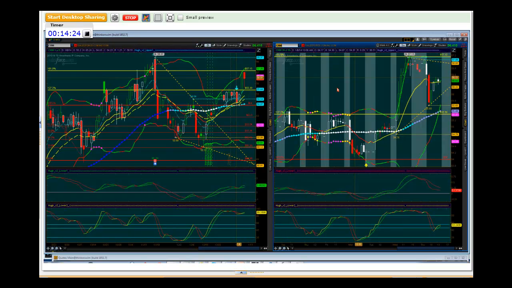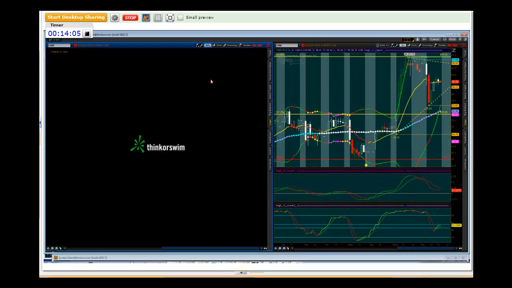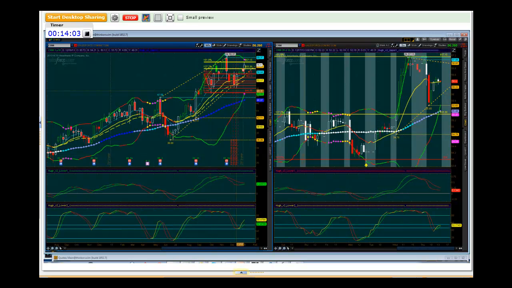So CRM, you can see it's in a weekly. It just started a weekly squeeze. Keep an eye on it.